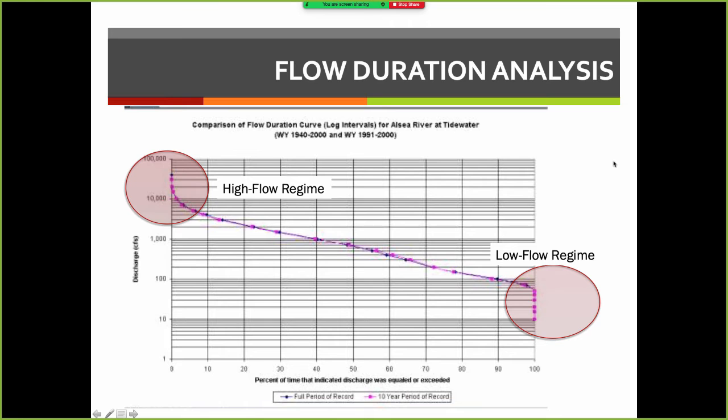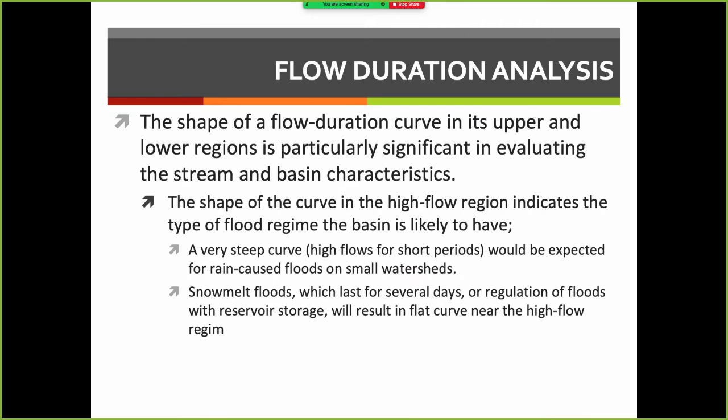So the Alsea River near Tidewater is a watershed that either has rain-caused floods on small watersheds, or is maybe a desert watershed subject to rare but significant flash floods. Now, that particular river happens to be in Oregon, so it's most likely a rain-induced watershed response.